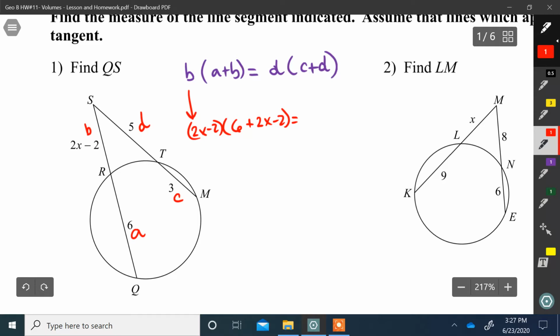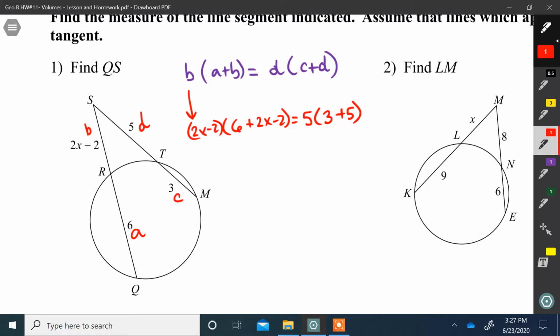It's equal to D, which is 5, times C, which is 3, plus 5. So all I did was replace all those letters with the actual values.